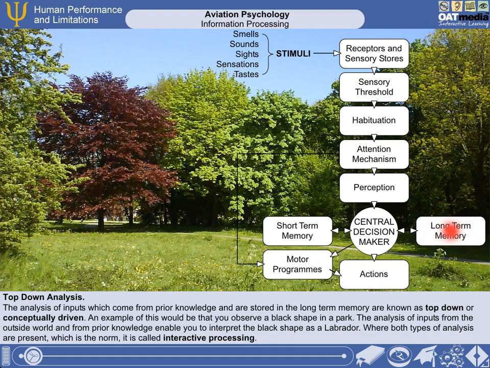An example of this would be that you observe a black shape in a park. The analysis of inputs from the outside world and from prior knowledge enable you to interpret the black shape as a Labrador. Where both types of analysis are present, which is the norm, it is called interactive processing.